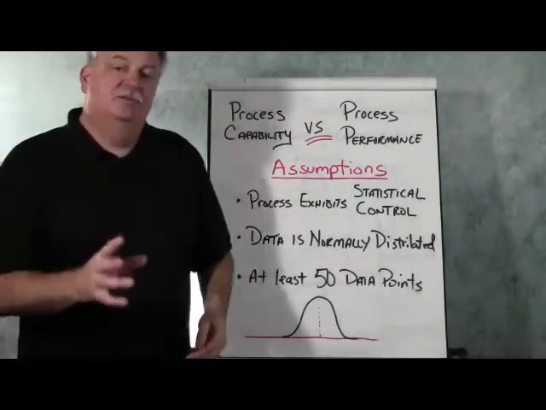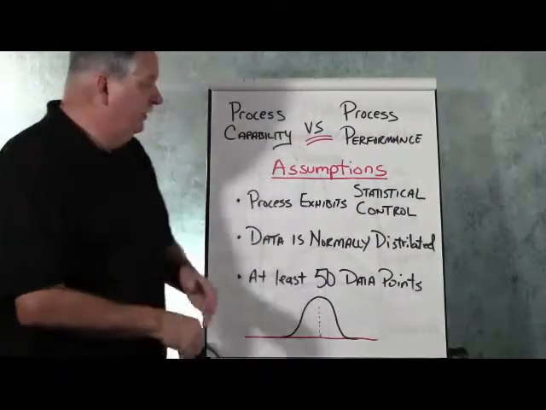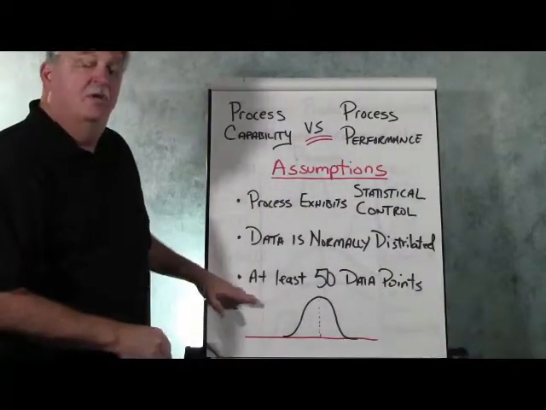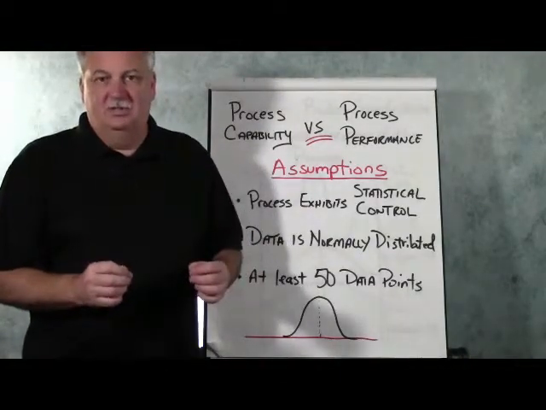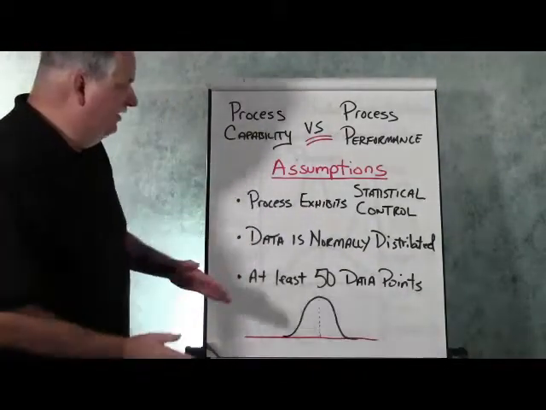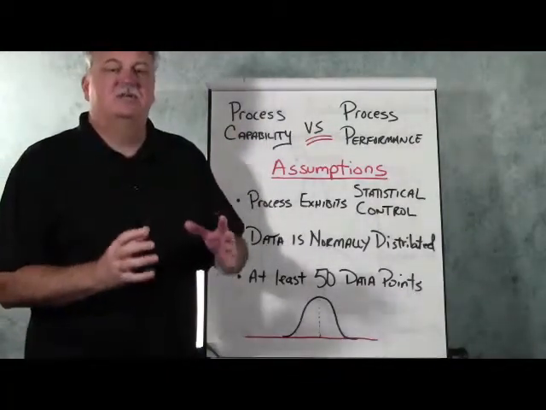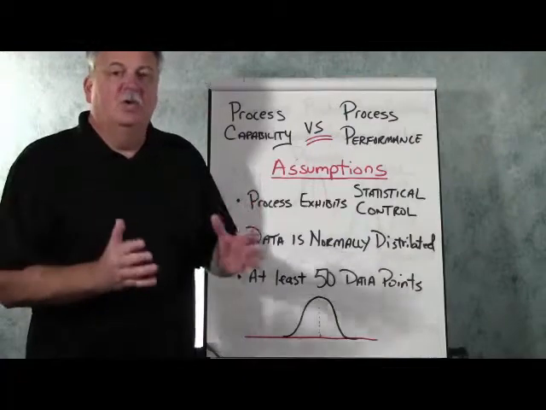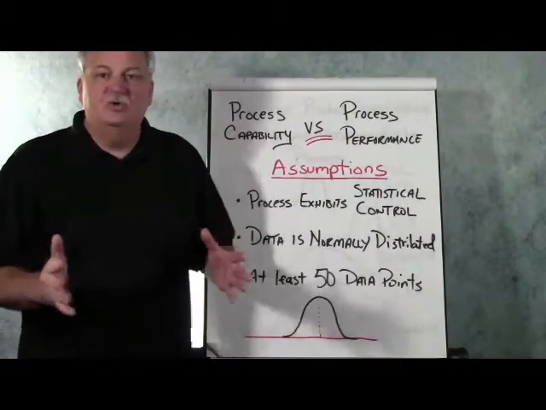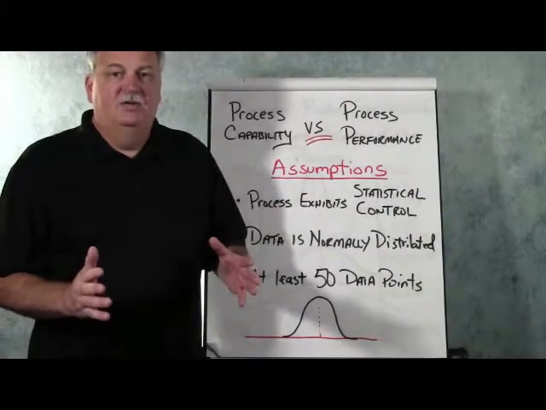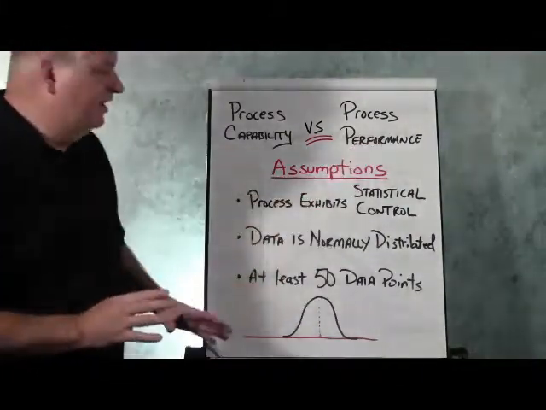All right. So we have a couple of situations here. We can get process capability if we can meet all of our assumptions, or we can just get current process performance. The assumptions that we have: our process exhibits statistical control as evidenced on a control chart. It's only common cause, normal natural patterns of variability. No special causes. There are no weird things going on in our data set as it is tracked over time.